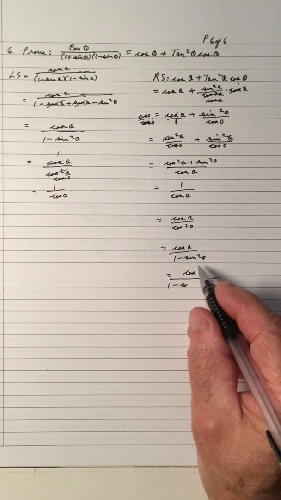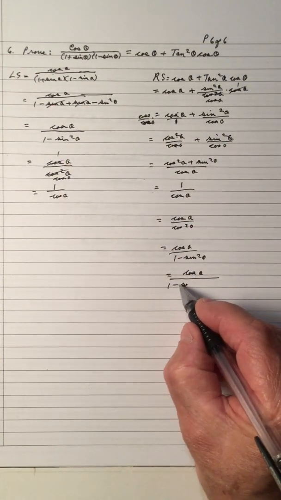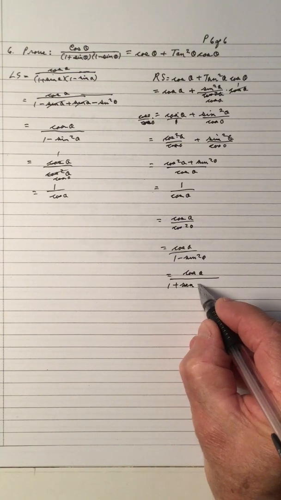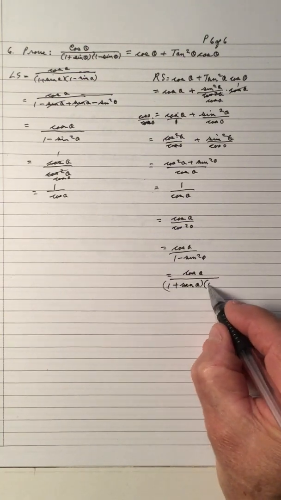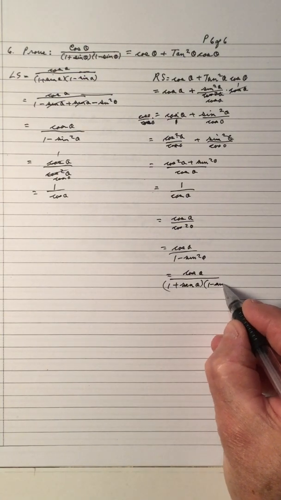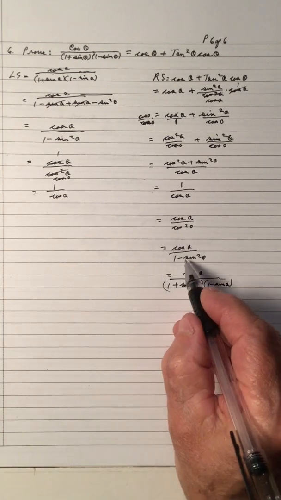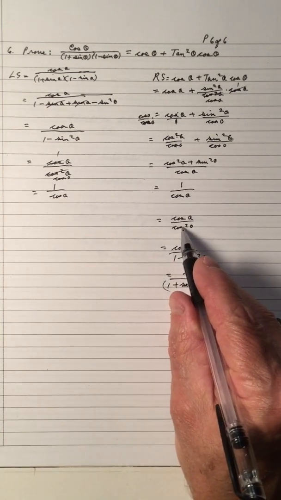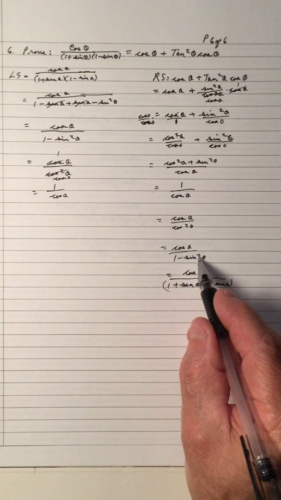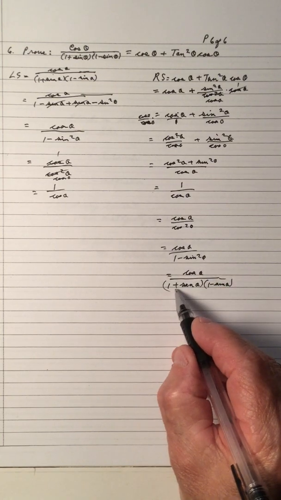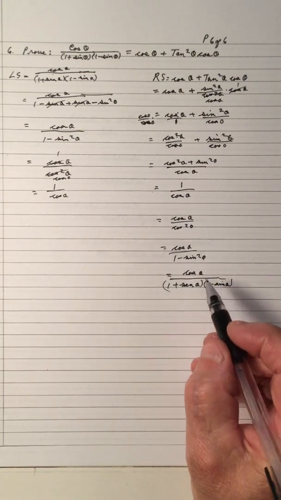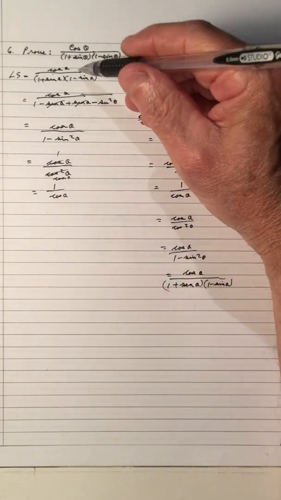And this, well, I don't need to do this step because I can go 1 plus sine, 1 minus sine. Why? Because cos squared becomes 1 minus sine squared, and 1 minus sine squared is factored into 1 plus sine, 1 minus sine.